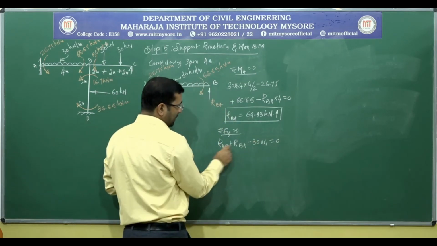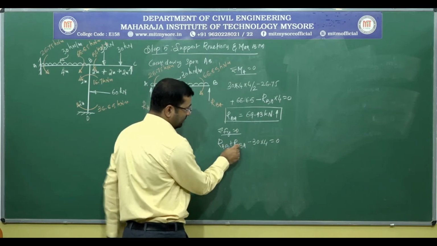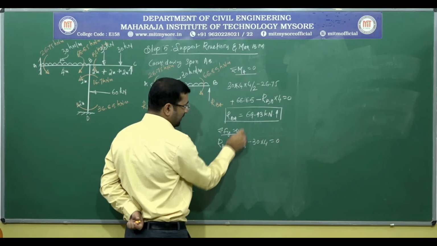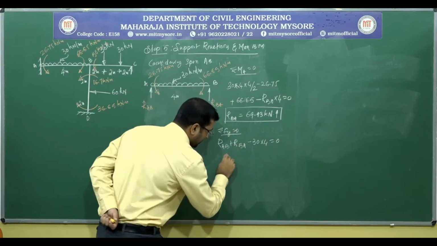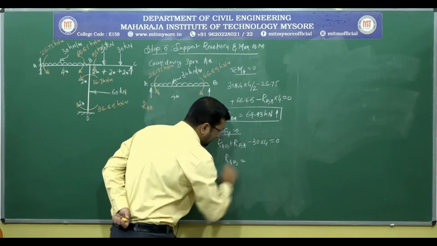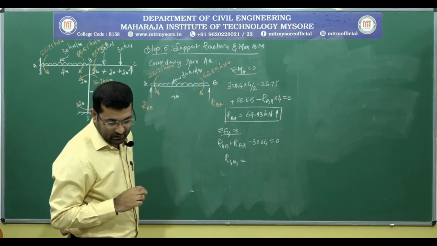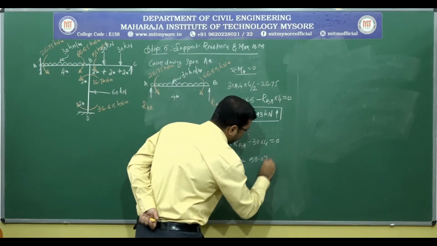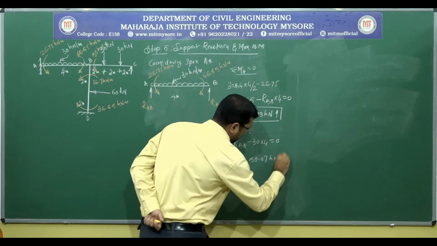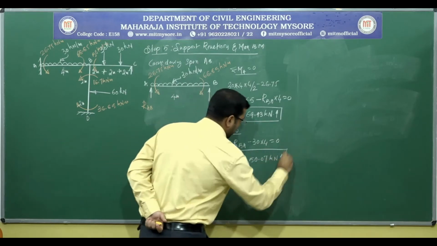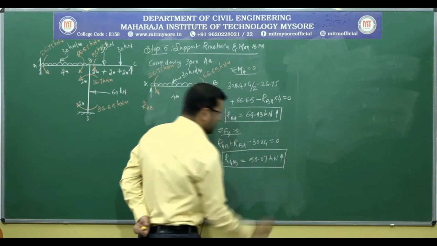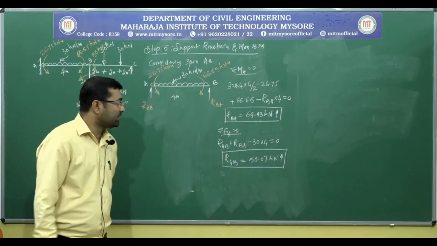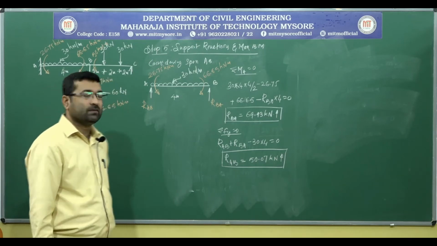In the equation we have two unknowns, RAB and RBA. RBA is already determined. Substitute the value of RBA here, and you will get the value of RAB as 50.07 kilonewtons. Now we have determined RBA and RAB.